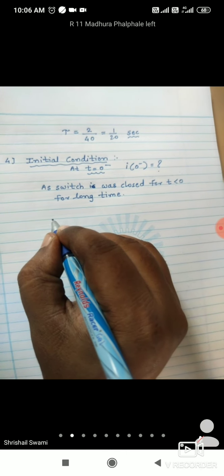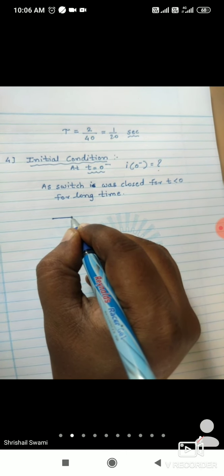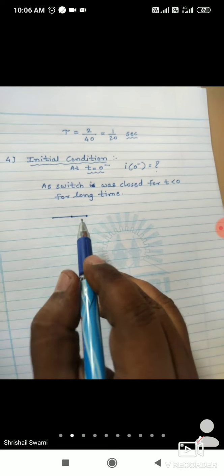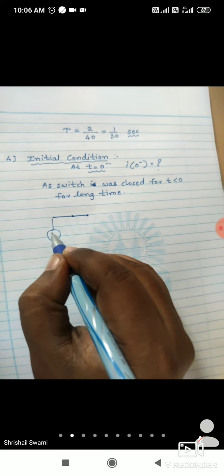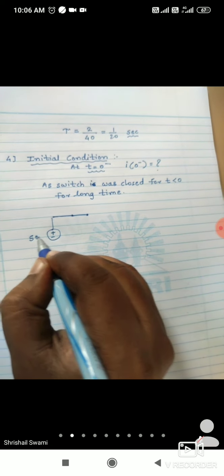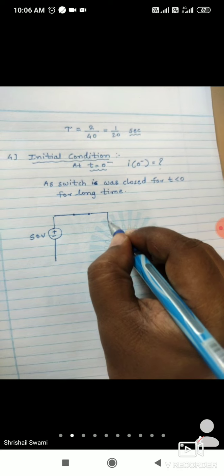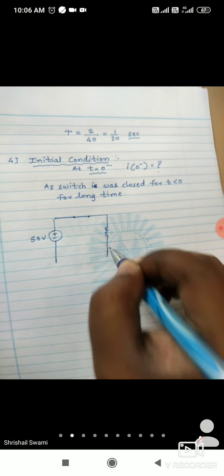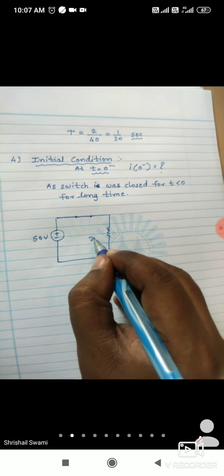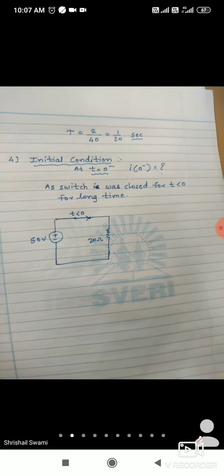According to that, I will draw the circuit. The switch is closed for a long time, so this will be the plus minus 50 volt. This resistor is as it is, 20 ohm. The switch is closed for t less than 0.